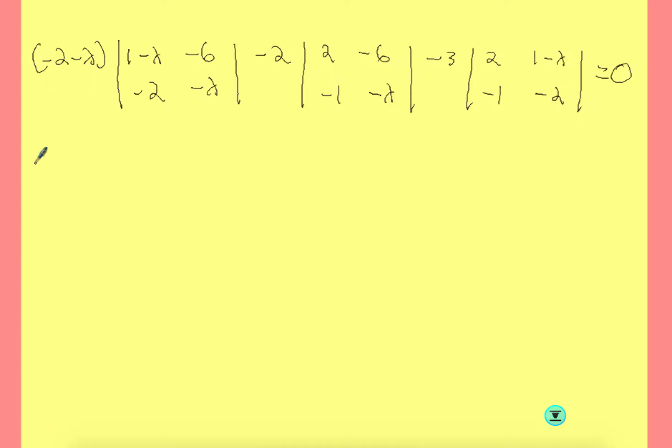So -2 take away lambda, and then we're going to do AD take away BC. That's 1 take away lambda, multiplied by negative lambda, and that's going to be take away 12.